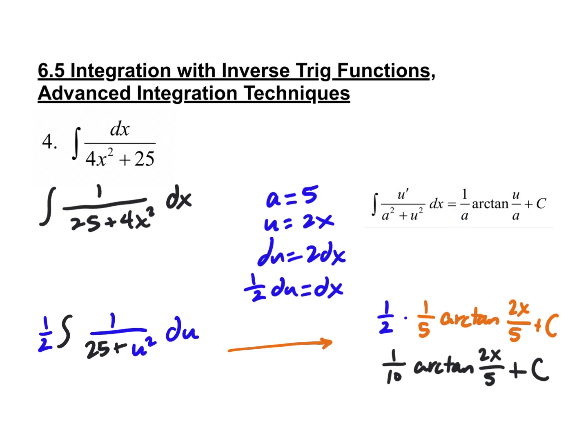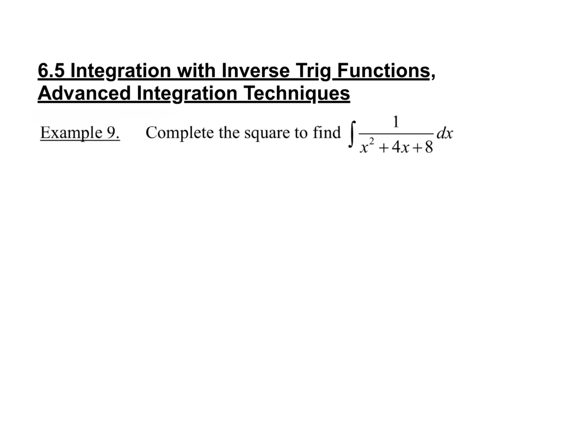Okay, one other type of problem, getting back to more of your algebra roots. I've also heard this is a common thing on the AP exam to have to know how to do: complete the square. Now this could happen in a sine situation too.